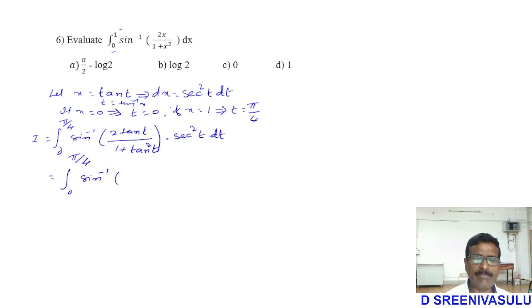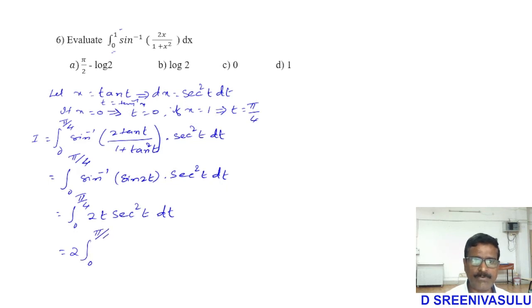What is 2 tan t by 1 plus tan square t? Sin 2t, into secant square t dt. This is equal to integral 0 to pi by 4 2t secant square t dt. Take 2 outside: 2 into integral 0 to pi by 4 t into secant square t dt.